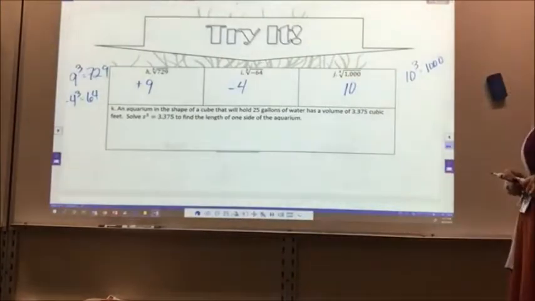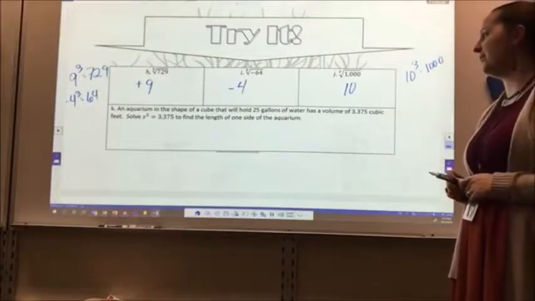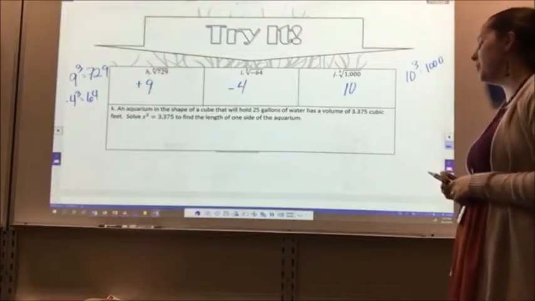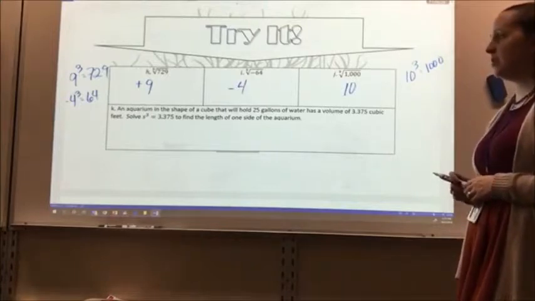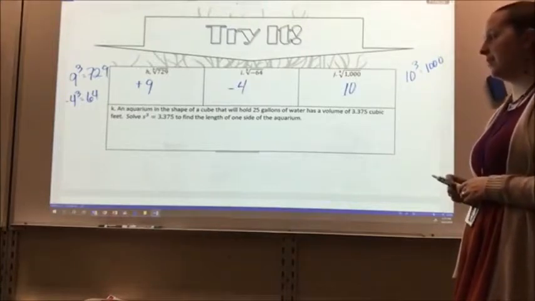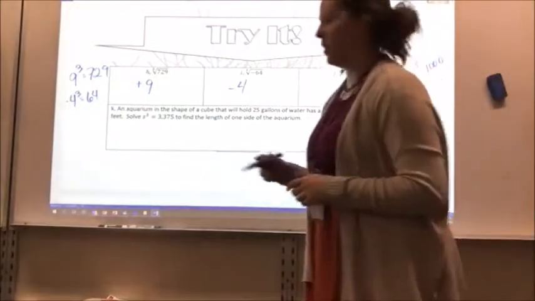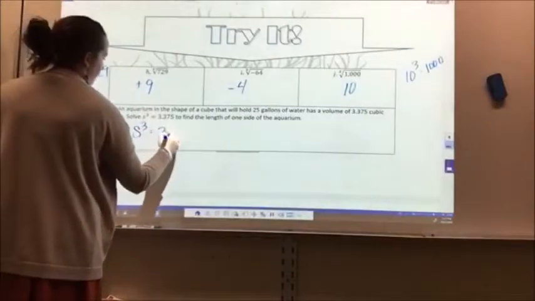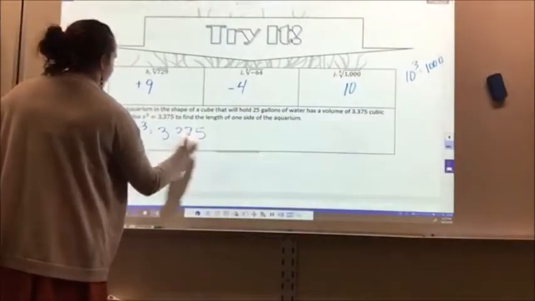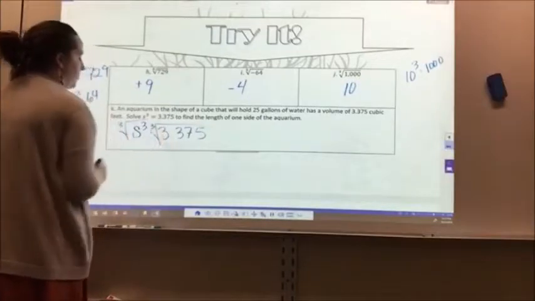And for letter K, an aquarium in the shape of a cube that will hold 25 gallons of water has a volume of 3.375 cubic feet. Solve s cubed equals 3.375 to find the length of one side of the aquarium. So I'm going to go ahead and set up my equation. And then I'm going to take the cube root of both sides.